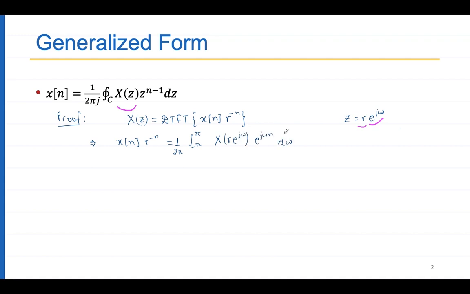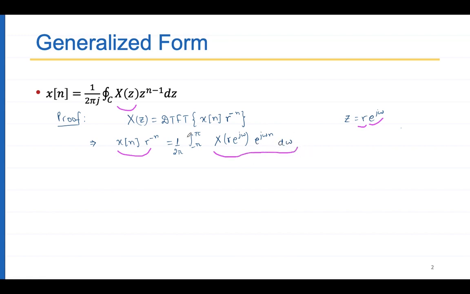Now, how do you write the inverse DTFT for x(n) r to the power minus n? Inverse DTFT is given like this. This is the time domain signal, or the samples, and this is X(e to the power j omega) e to the power j omega n d omega.